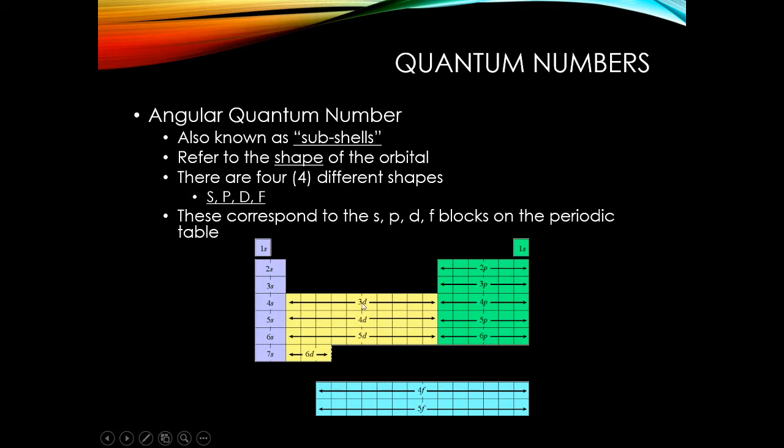I do want to point out something really important here though. The 3d orbital actually starts here, even though it's in the 4th row of the periodic table. And that's because 3d is actually slightly closer to the nucleus than the 4s.